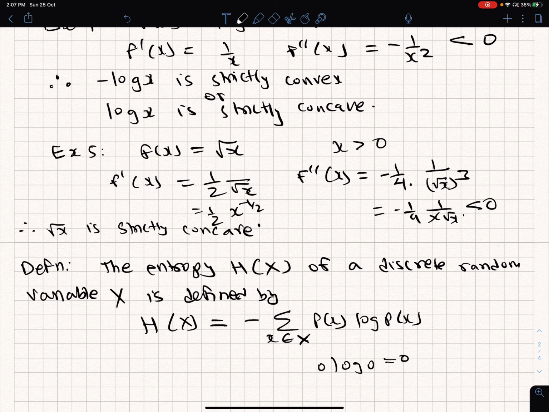Then it can be seen that this function is actually concave. Even if it's for base 2, you can do the base conversion and therefore establish the fact.